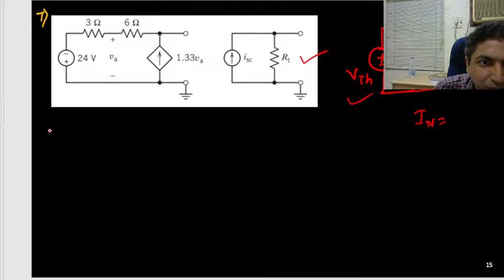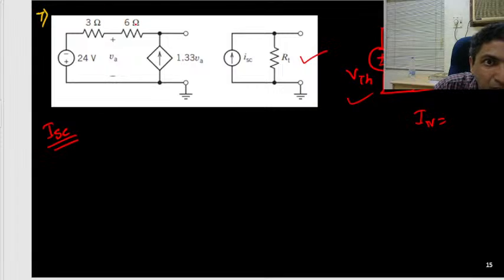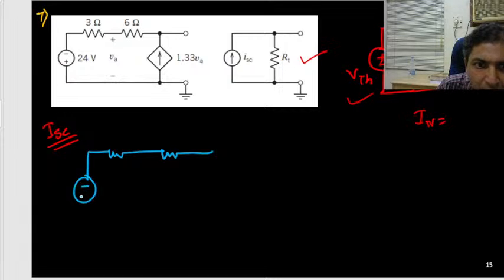Now here, first in the traditional way, we will try to find ISC. Can you find ISC? So what is the problem with these things? This is not an easy problem. Be careful about the polarity.